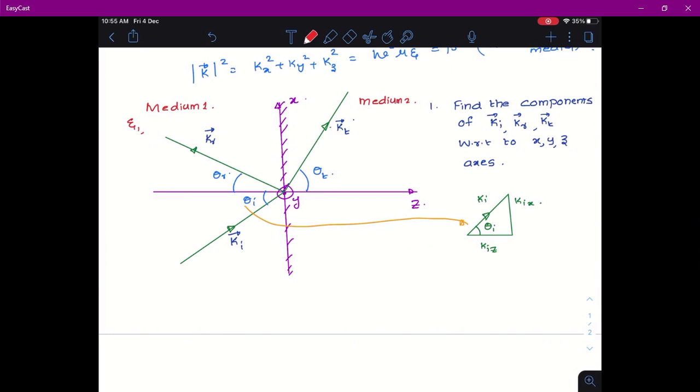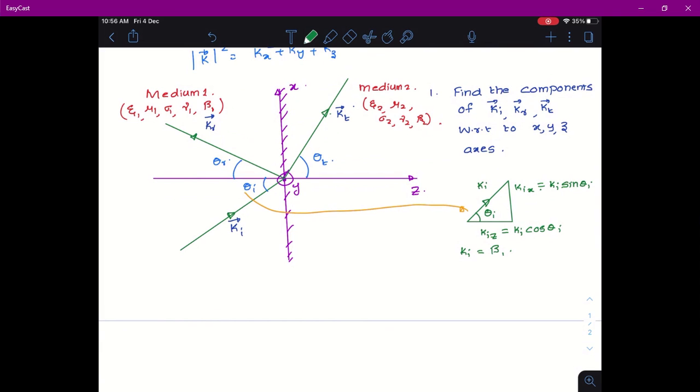First medium we have epsilon 1, mu 1, sigma 1, gamma 1, beta 1, etc. Second medium will have epsilon 2, mu 2, sigma 2, gamma 2, and beta 2. So we have already told that ki for a lossless medium is beta 1, right? So I can write ki z is actually ki cos theta I, ki x is ki sin theta I, where ki is equal to beta 1.